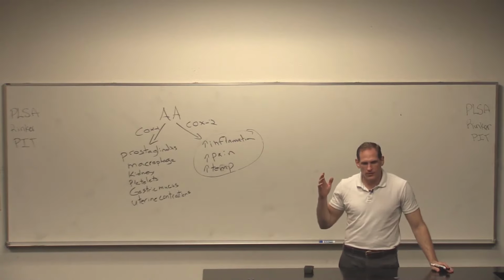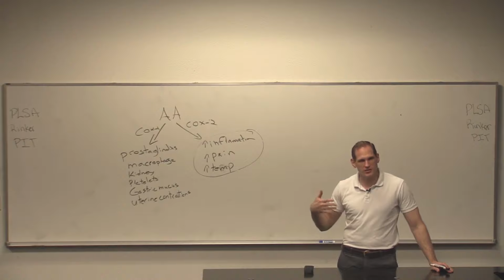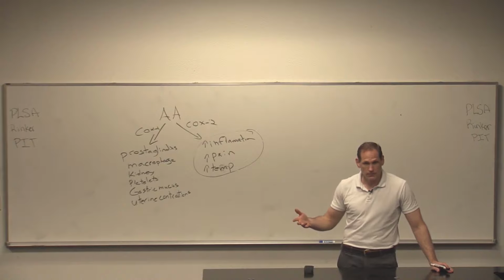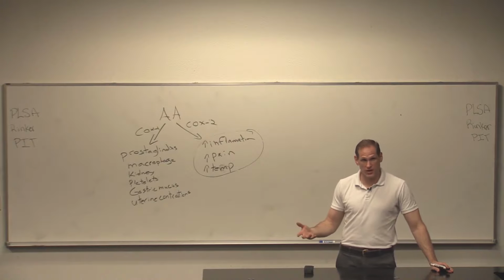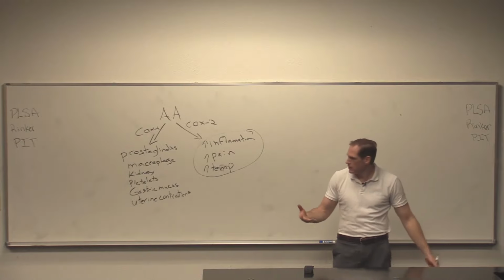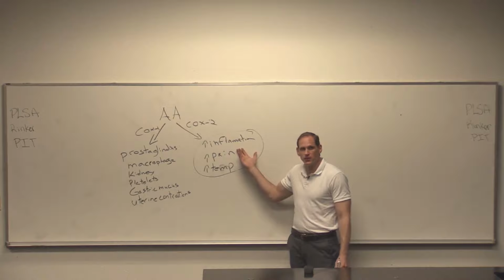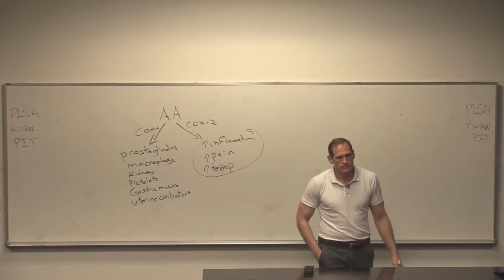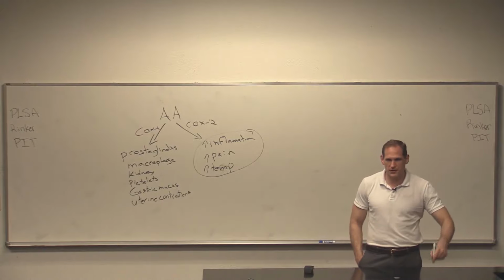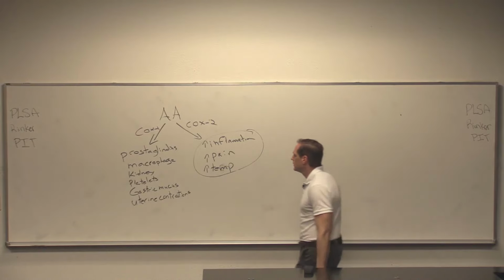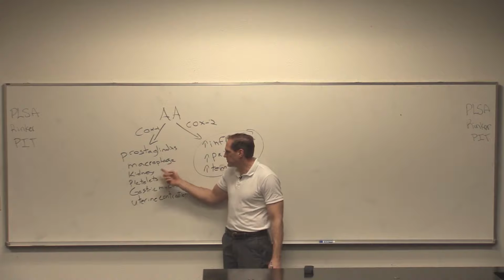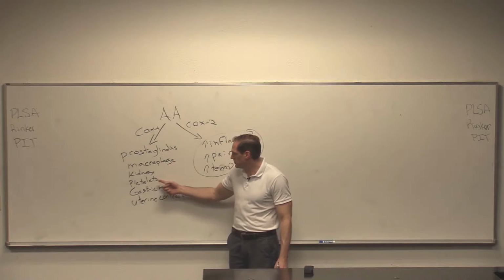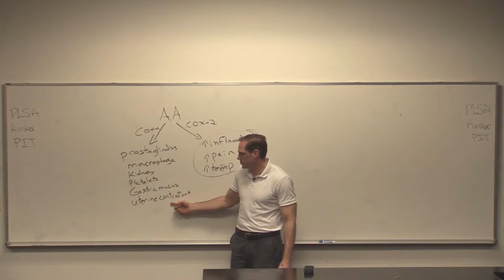So, if you have a headache, you can take one of these drugs, helps make the pain go away. If you have a fever, you can take one of these drugs, makes the fever go away, or at least reduce. And if you have inflammation, it can help reduce the inflammation. Now, as adverse effects, it can also interfere with macrophage function, kidney perfusion, platelet function, gastric mucus, and uterine contractions.